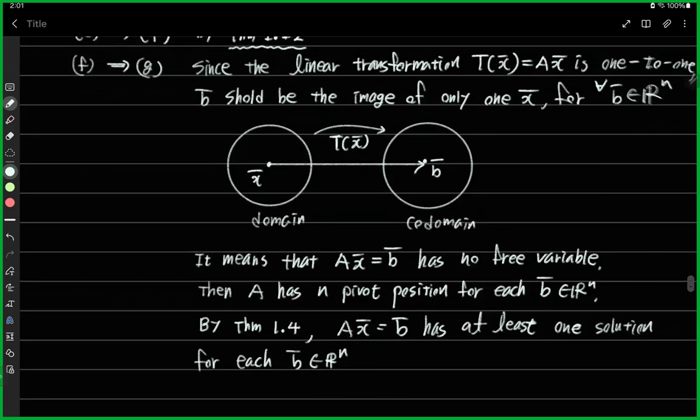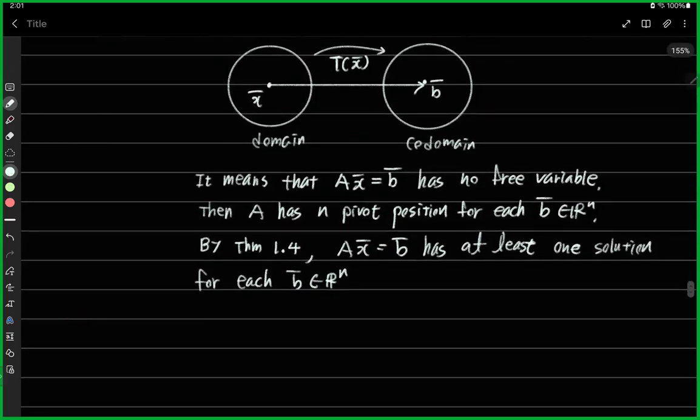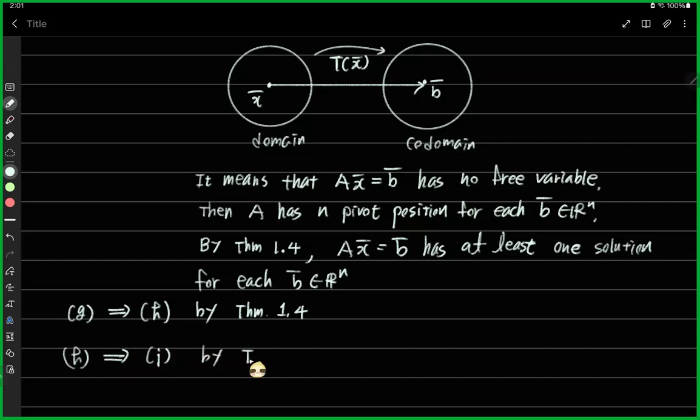Okay. So now, if statement G is true, then H is true. See theorem 1.4. And if statement H is true, then I is true by theorem 1.12.